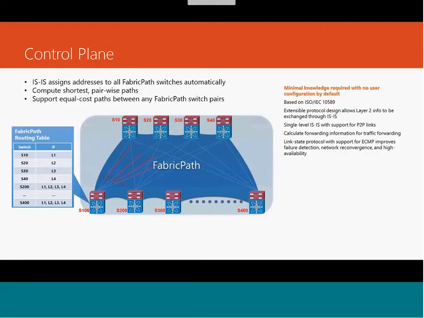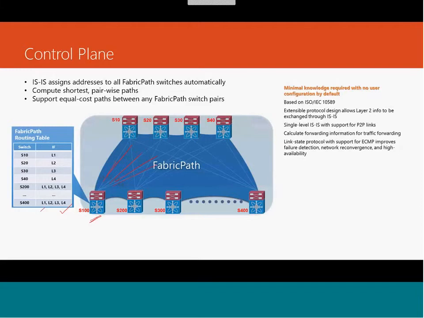If you see the Fabricpath routing table, you will notice that on switch ID 100, you have 4 paths to reach switch ID 400: a path L1, L2, L3, and L4. From here, they can choose the best path to go to the destination of switch ID 400, and they can also do ECMP if the costs are equal, right?